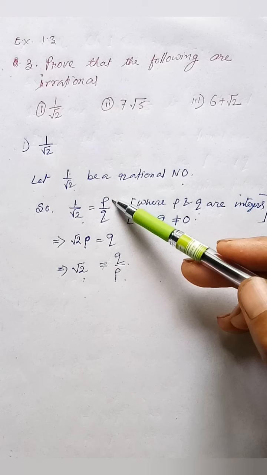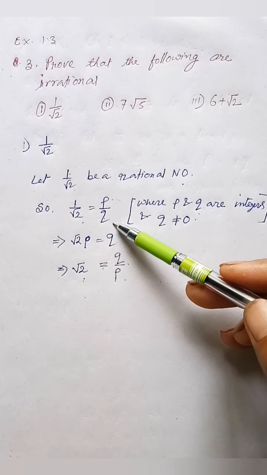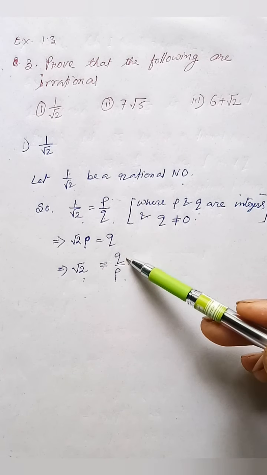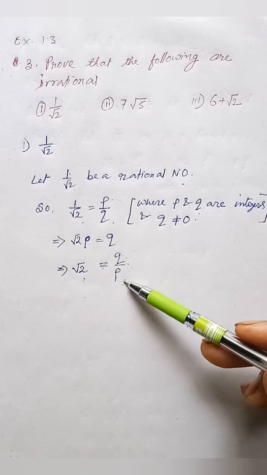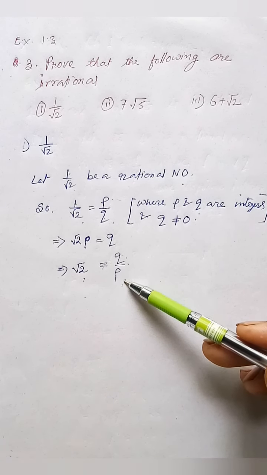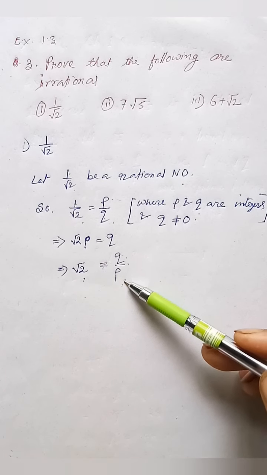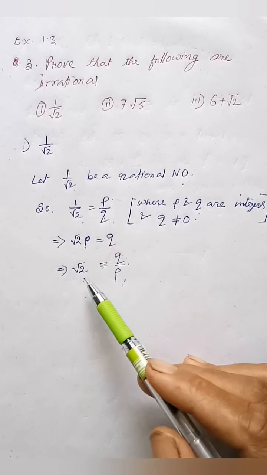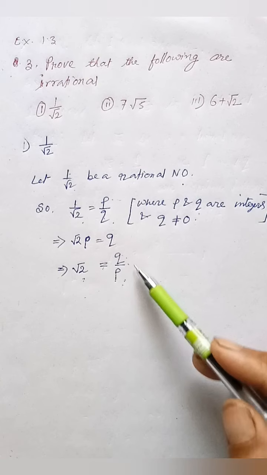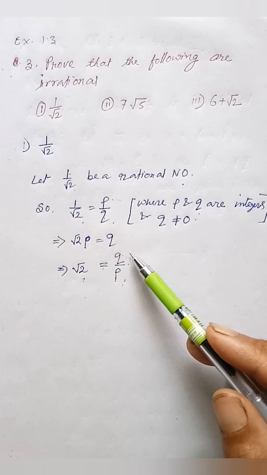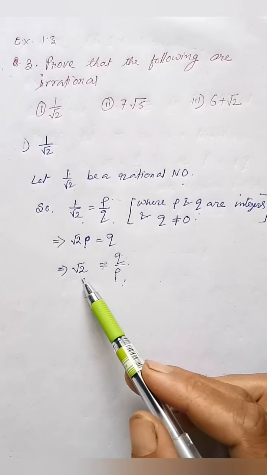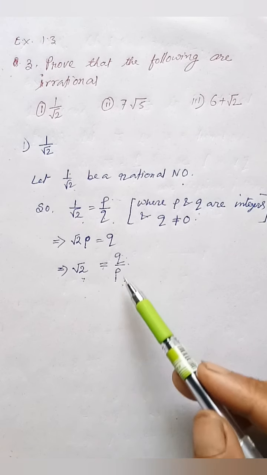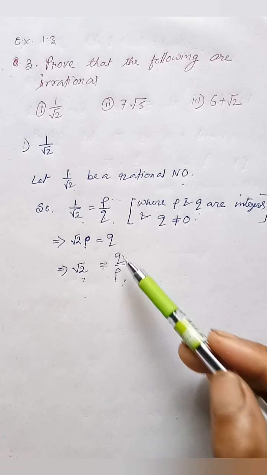Remember, p and q are integers. That is, q and p are integers. So integer by integer, it is clearly a rational value. What we got? Root 2 as rational. But it is not possible. Again I'll repeat, we are getting root 2 equal to a rational value because it is integer by integer.